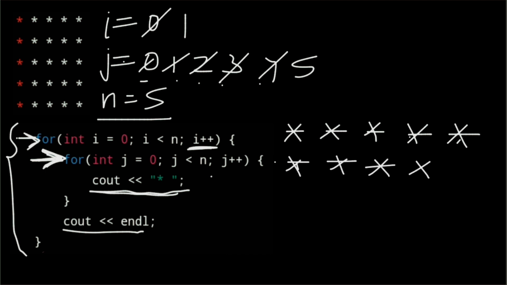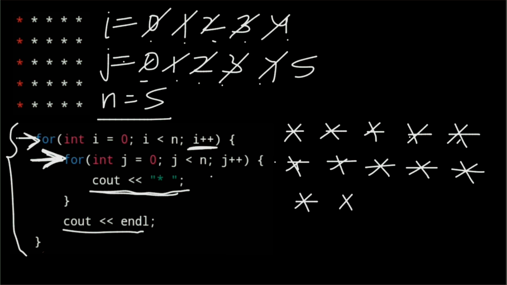Here we see the 5 stars with a space, and after the next iteration i becomes 2, then i becomes 3, then i becomes 4, and you see that 0 1 2 3 4, 5 times we have 5 stars in the rows and 5 stars in the columns. The compiler prints it on the terminal.